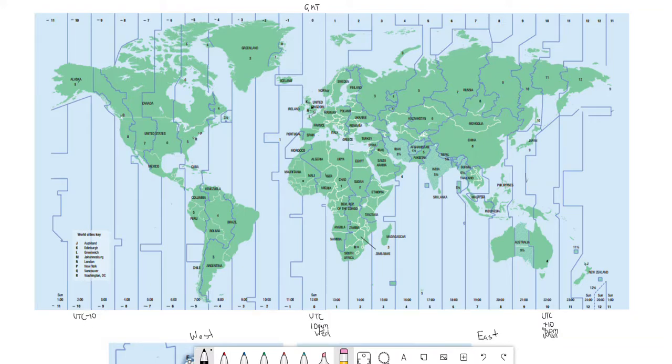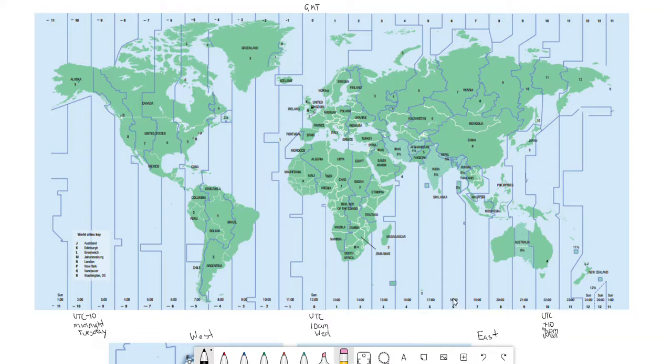So if I minus 10 hours from here, it's going to be midnight on Tuesday night. Okay, so just remember, Greenwich is the base, everything to the left is minus, so we have to subtract the time, everything to the right is plus, and we have to add the time.